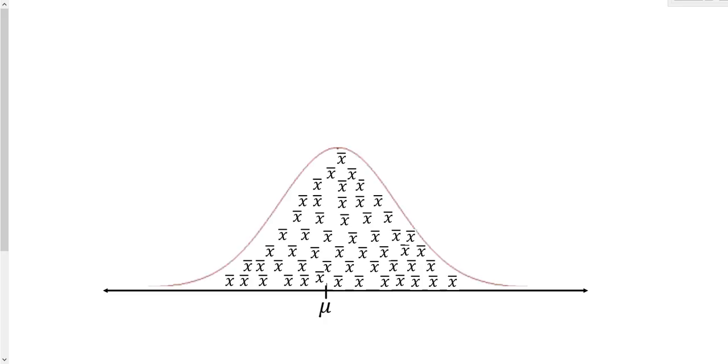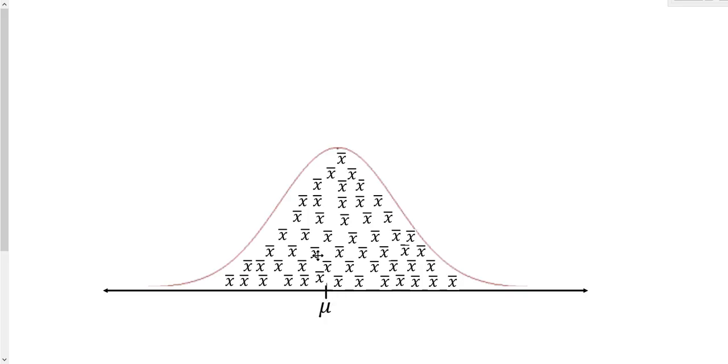So when I collect all these sample means from samples of size 100, as long as the original population is normally distributed, or the sample size is large enough, those sample means will have a distribution that's roughly normal.